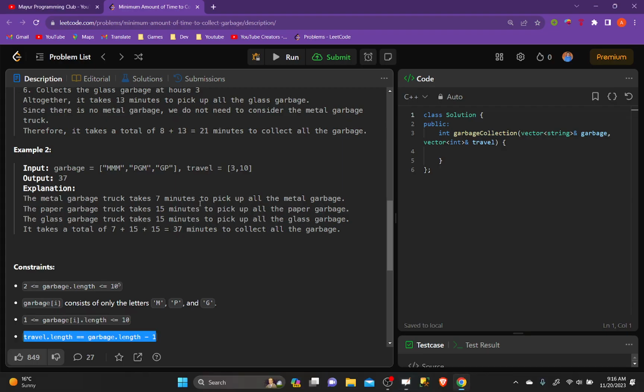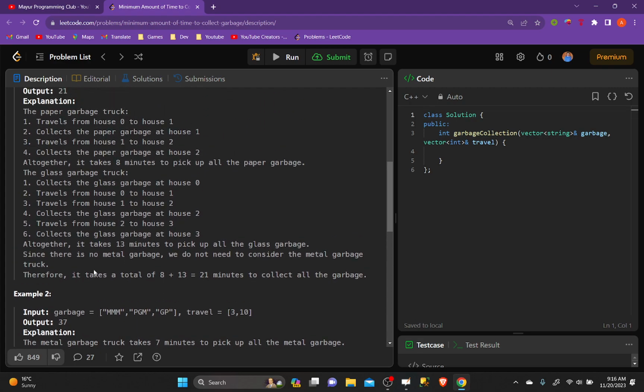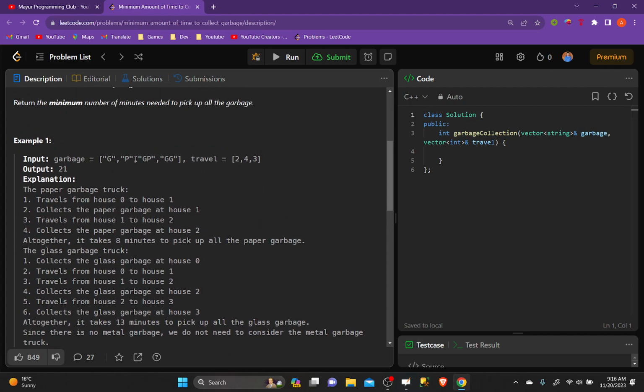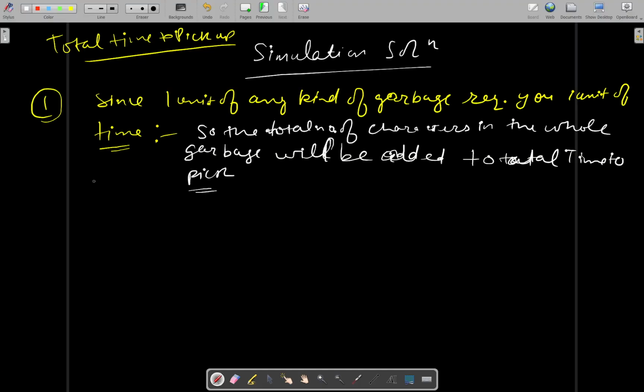What I mean to say is, here 1, 2, 3, 4, 5, and 6 characters are appearing in total in this garbage array. So you will be spending 6 units of time at least if you are worried only about the garbage picking process.